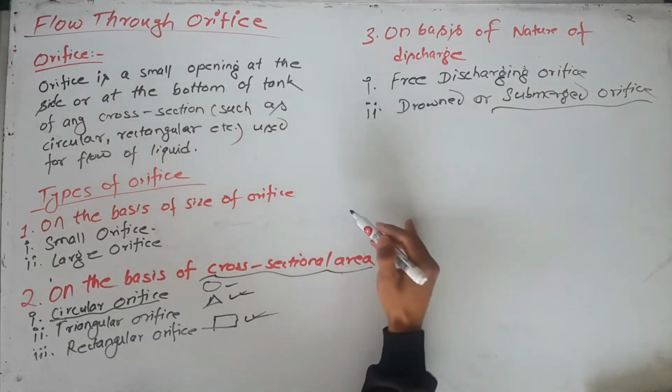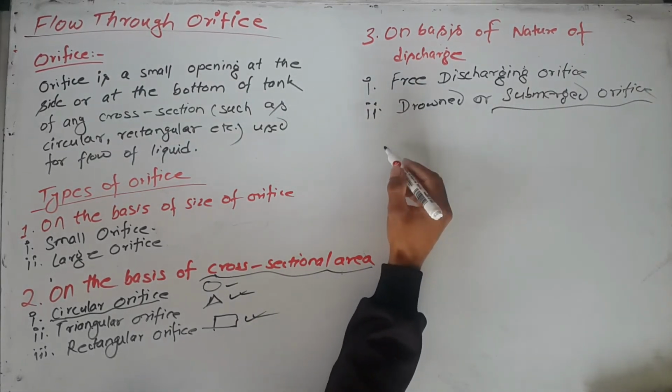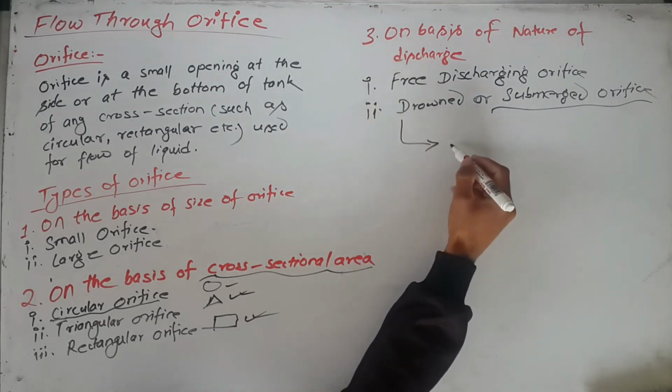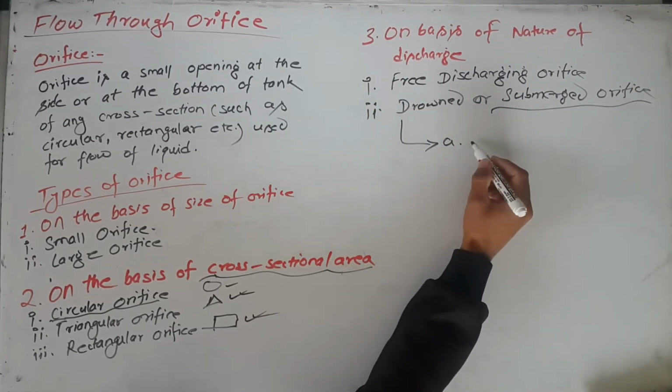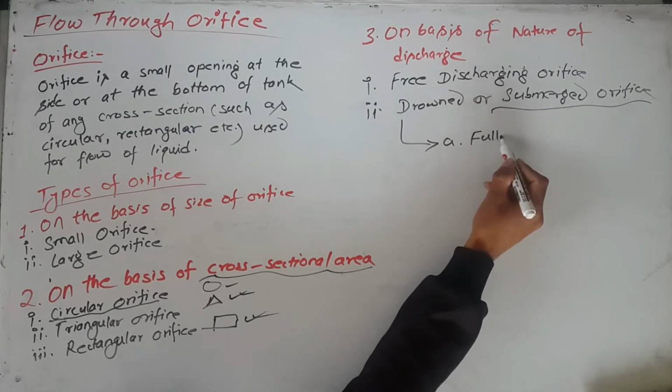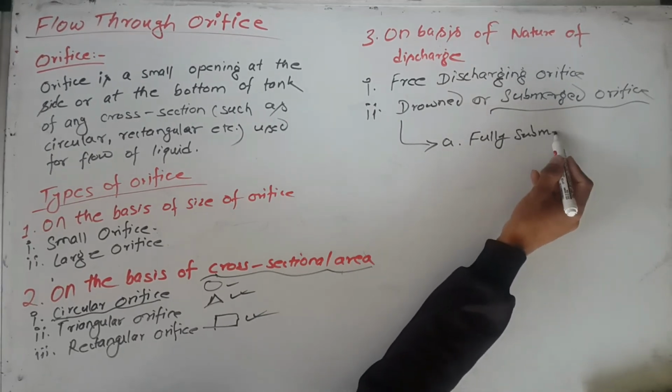Drowned or submerged orifice is of two types: first is fully submerged orifice, and second is partially submerged.